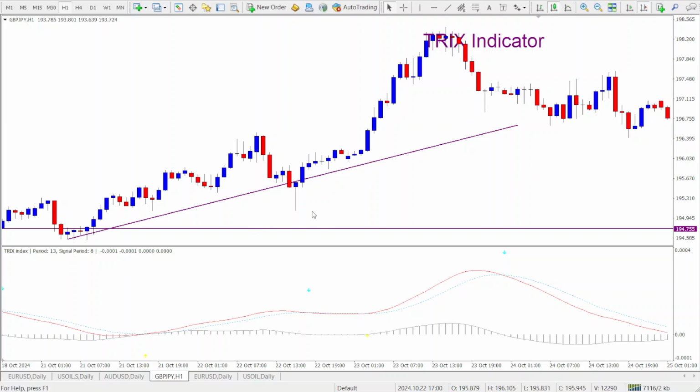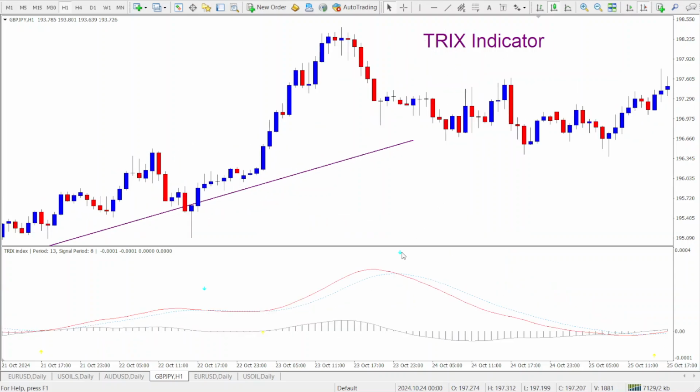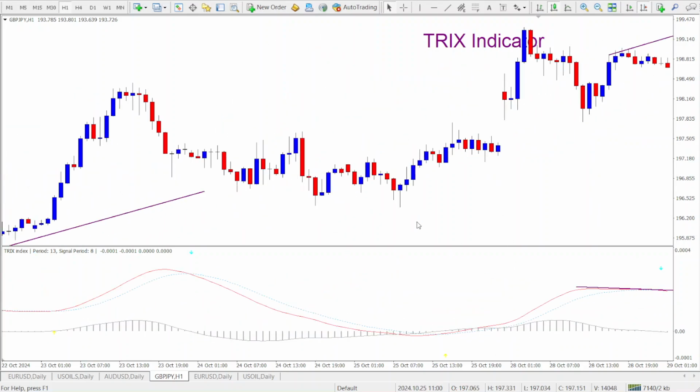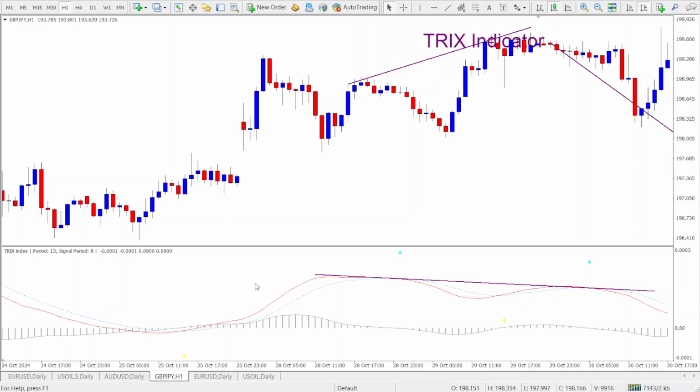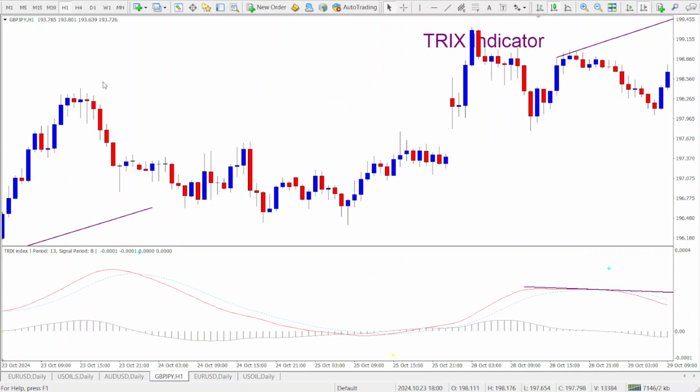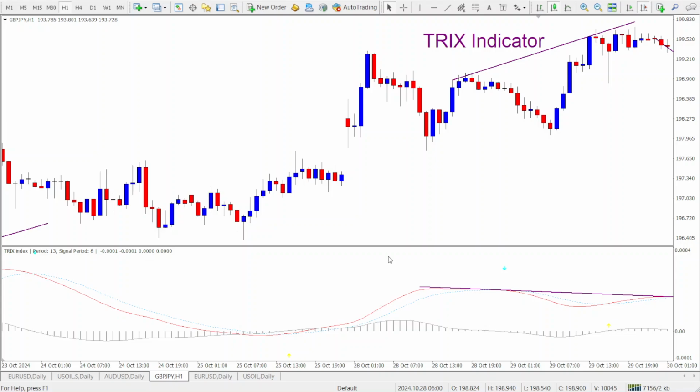Enter a buy. Set stop loss at the appropriate level below the previous swing low. Take your profit at the nearest resistance zone, or just wait for the appearance of the blue arrow, or wait for a bearish crossover to exit your buy, or wait for a bullish crossover to exit your sell. Perhaps you are in a sell trade, you can wait for a yellow arrow to form, or a bullish crossover to exit your sell. So this indicator is very easy to use.